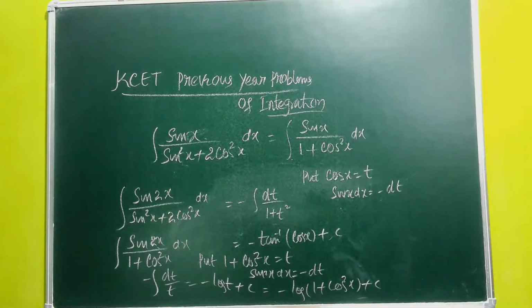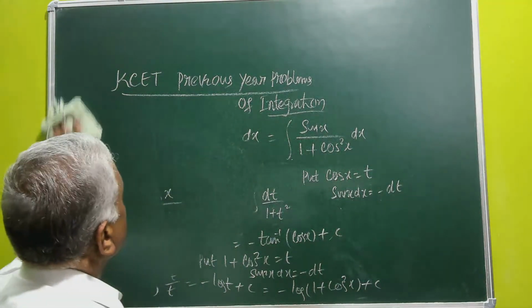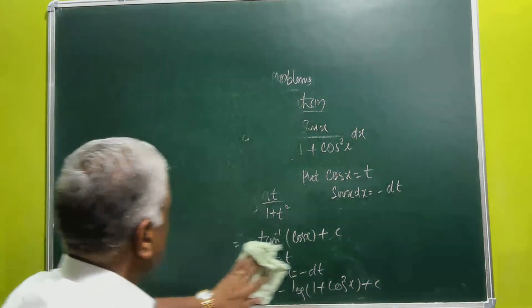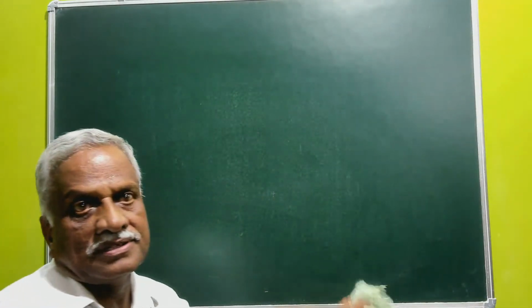Now, before I go to the next problem, I would like to give you some results, which if you can remember, some of the problems can be solved faster. It's not that you are not aware of this result, but I'm just reminding you the series results are going to help you a long way.